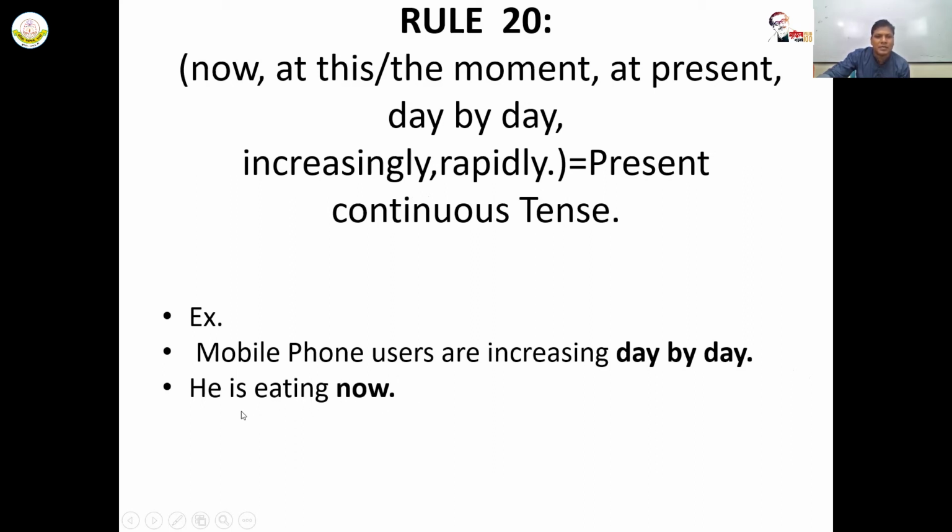'Now' is a sign of the present continuous tense. I hope all of you know the structure of the present continuous tense: subject plus am, is, are and verb plus ing.